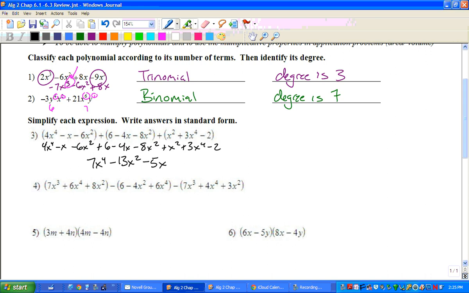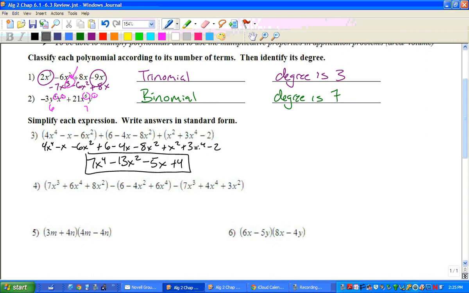And then finally, we got negative 2 and positive 6, which gives us positive 4. And there you go. We can't combine anything else, so that's our final answer.